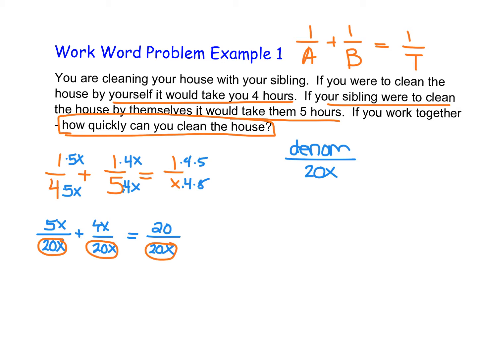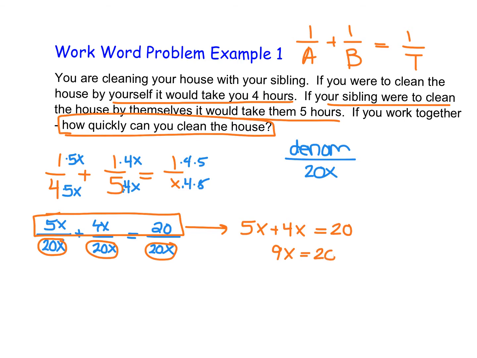Now because I have common denominators, I can simply set all of the numerators, 5X plus 4X equals 20, up as an equation. So I have 5X plus 4X is equal to 20. If I solve this little equation, I end up with 9X is equal to 20. Then if I divide 20 by 9 to get the X alone, I find X is equal to 2.22.